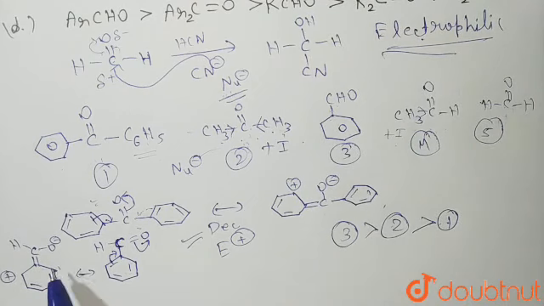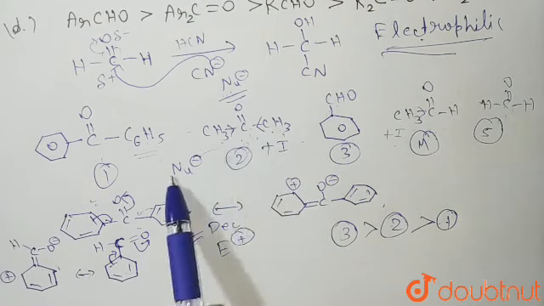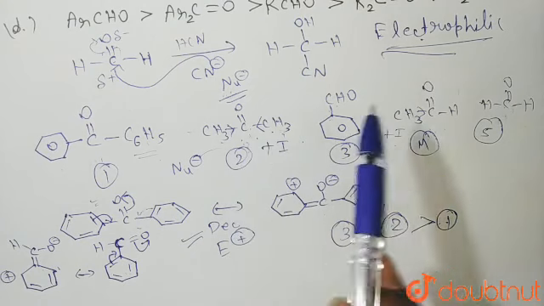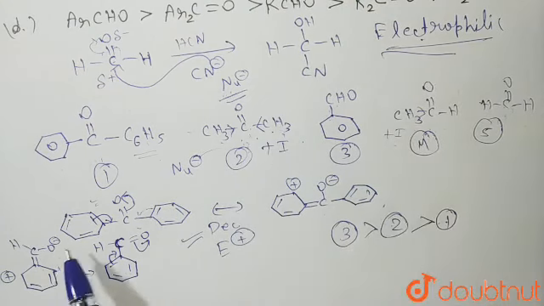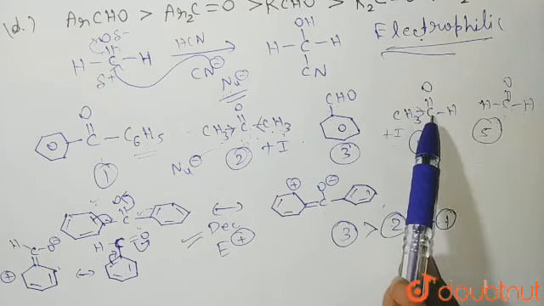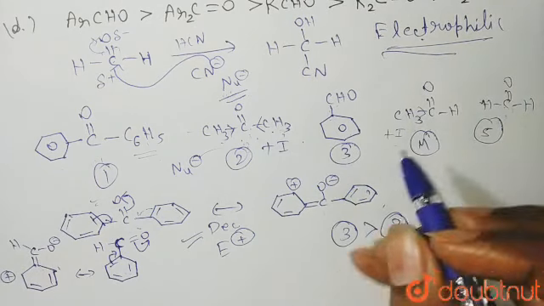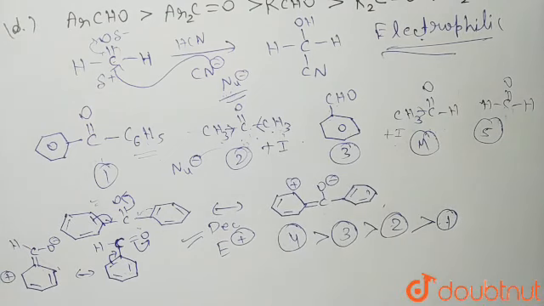Why? Because of course resonance is a strong effect. Here 2 plus I was applying, that's why it was getting more electron density, and of course bulkiness was also the reason. But here only one methyl group is applying plus I, but here resonance is there. So that's why this carbon becomes less electrophilic than this carbon, and thus this will be more electrophilic. So we will write like this, 3 and 4.